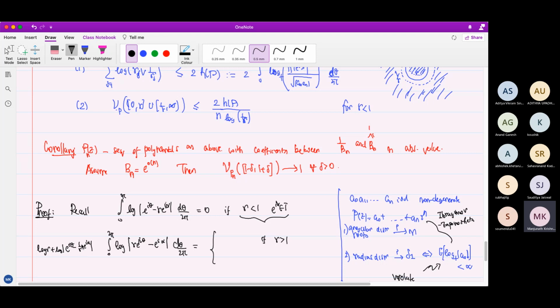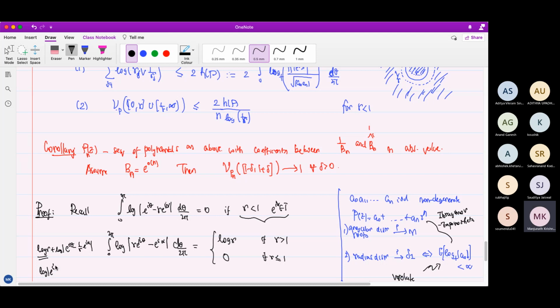Now 1 over r is less than 1, because r is bigger than 1. So this integral will give me 0. What I am left with is the log r average on the unit circle, which is log r, if r is bigger than 1. Now, if r is less than or equal to 1, what do I get? I claim that I get just 0. Why is that? Well, when r is less than or equal to 1, we can pull out e to the i theta and e to the i alpha.